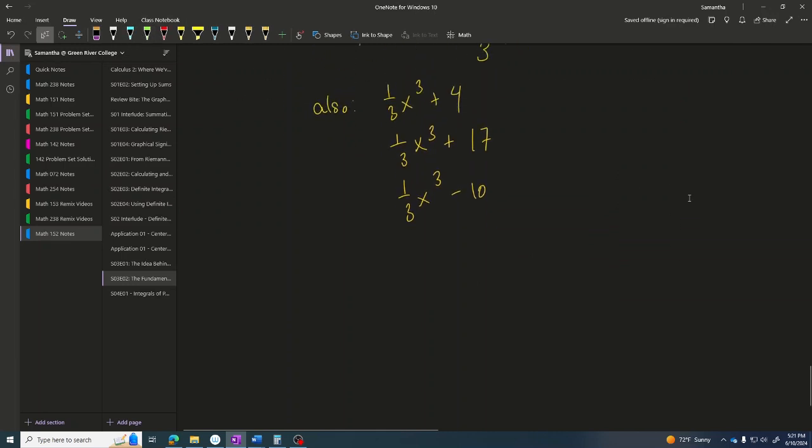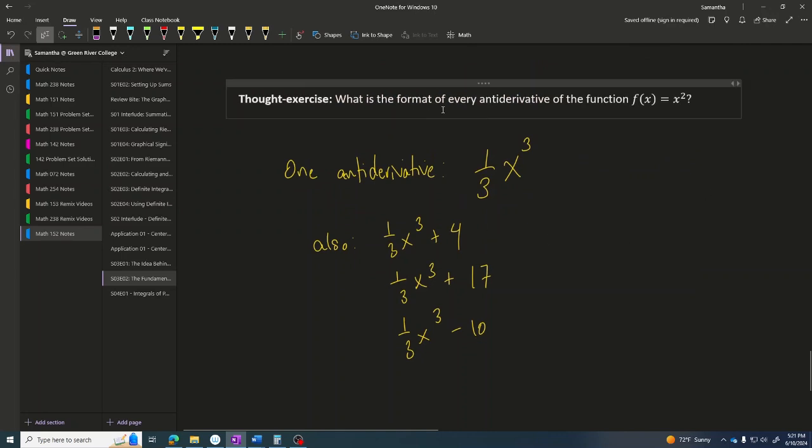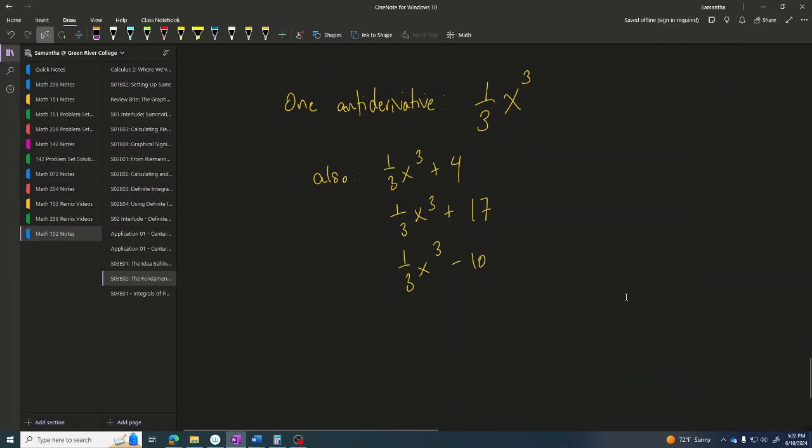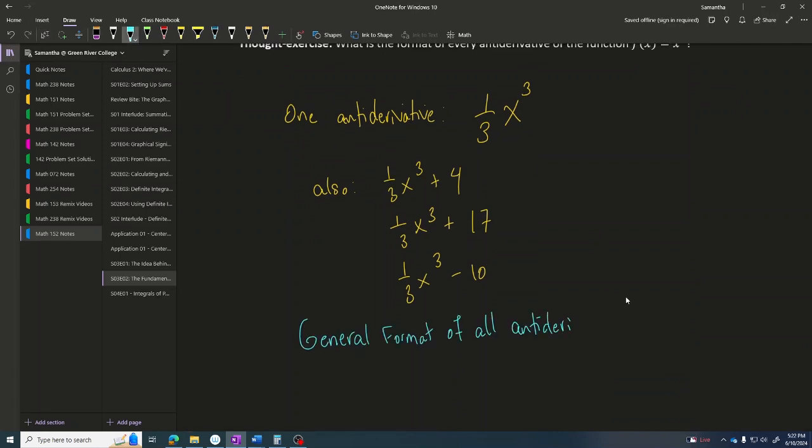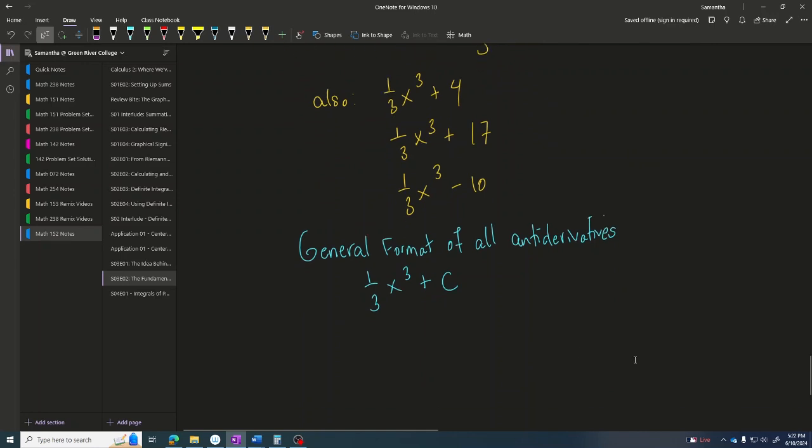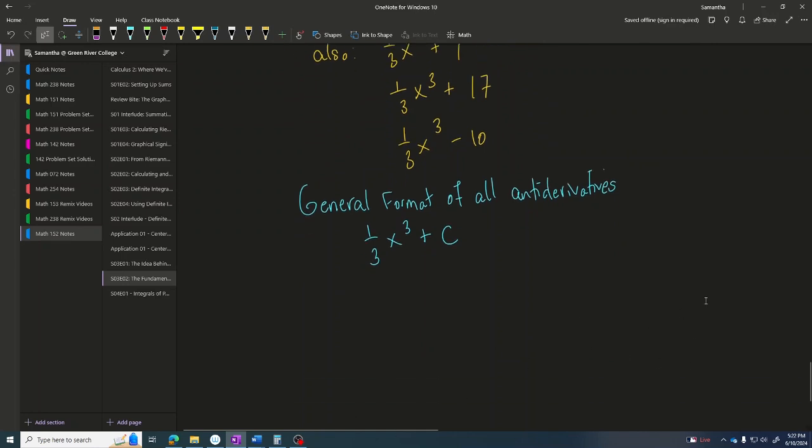In general, if I were to write down the general format of all the antiderivatives of this function, I would write down 1/3 x to the third power plus c, where c is standing in for whatever constant you want.